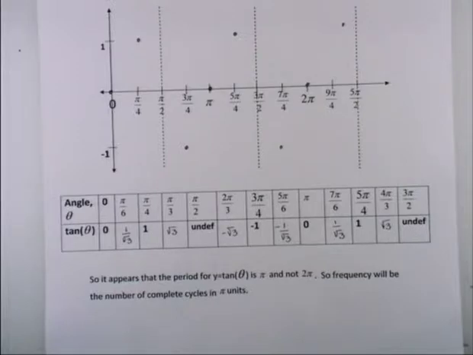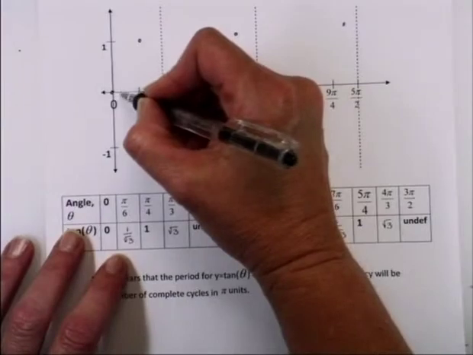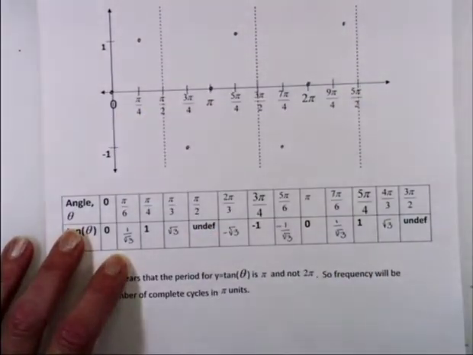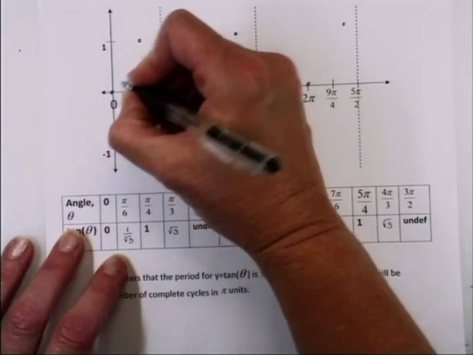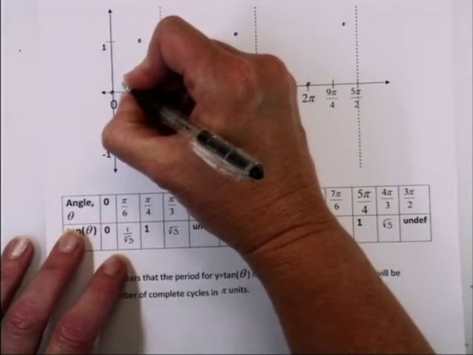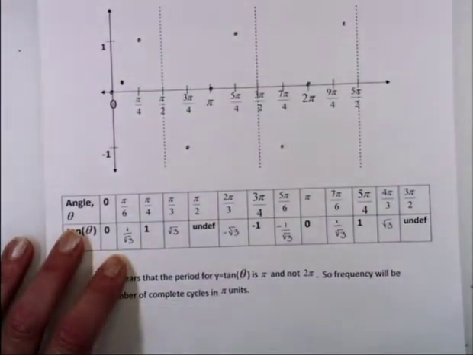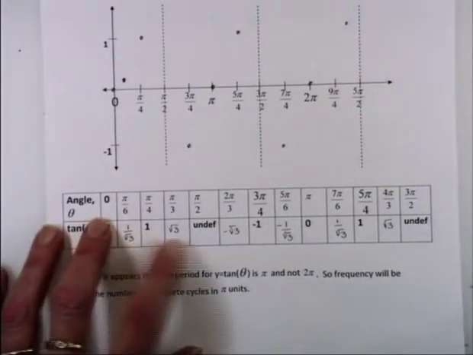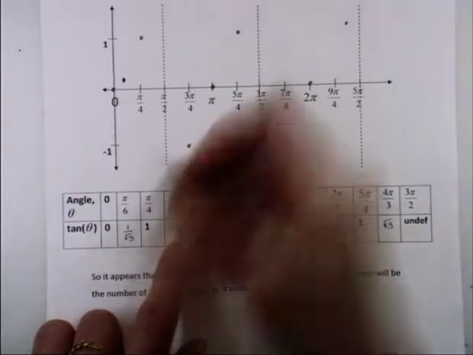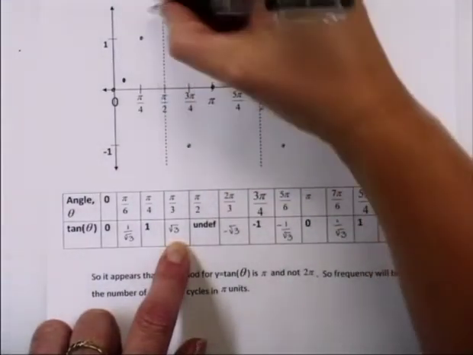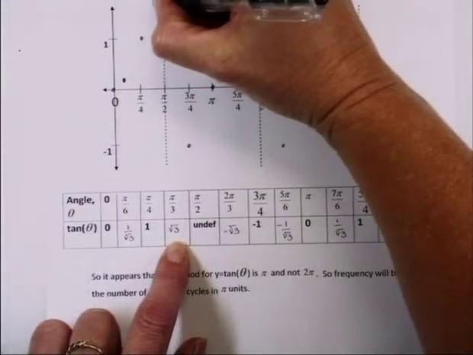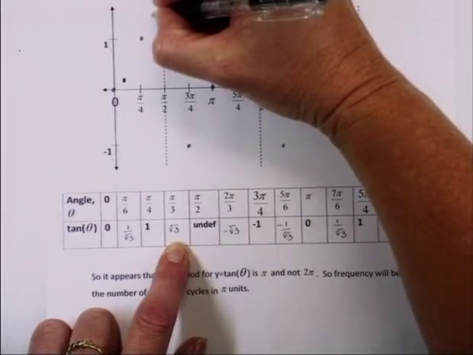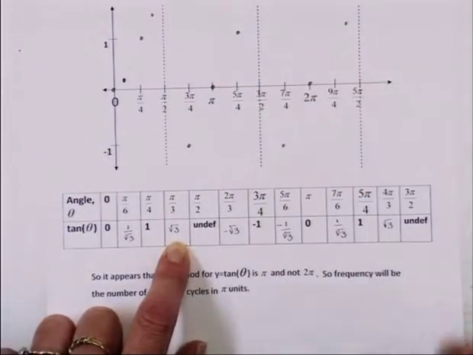All right, pi over 6, if you'll remember, is somewhere in here. And it's 1 divided by the square root of 3, which ends up being approximately here at about 0.3. All right, then we had 1, and then at pi over 3, which is on this side, it actually increases to more than 1, so up here.